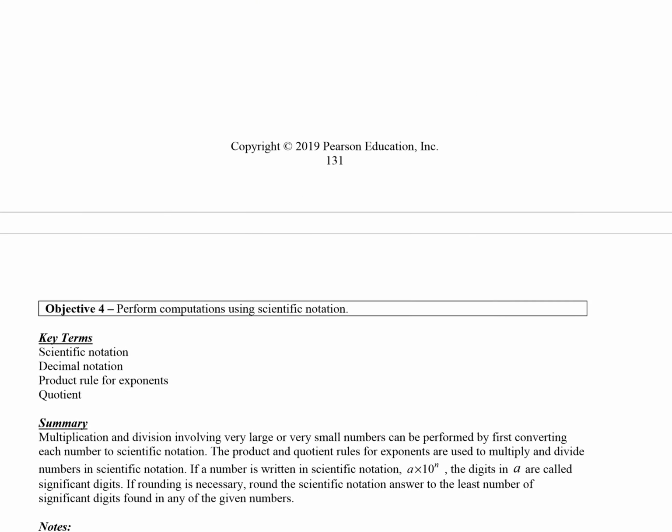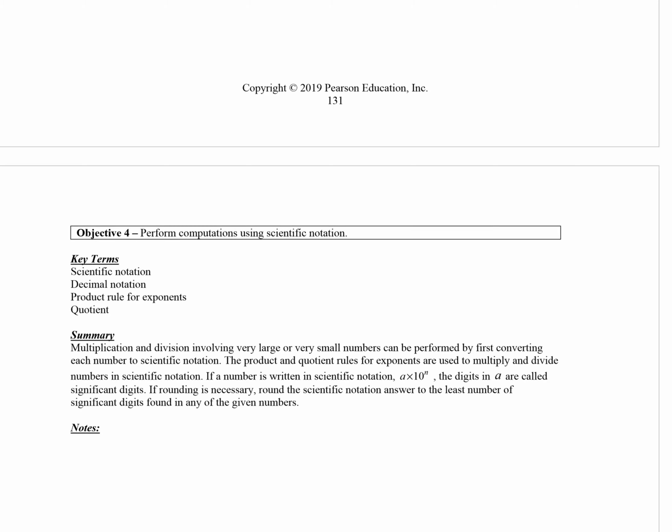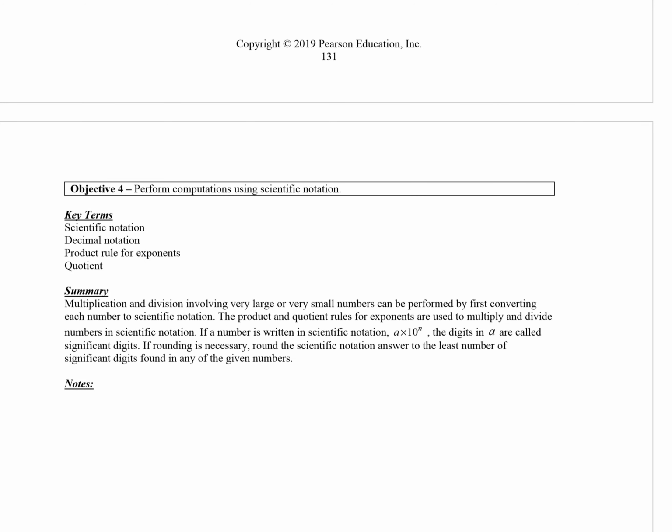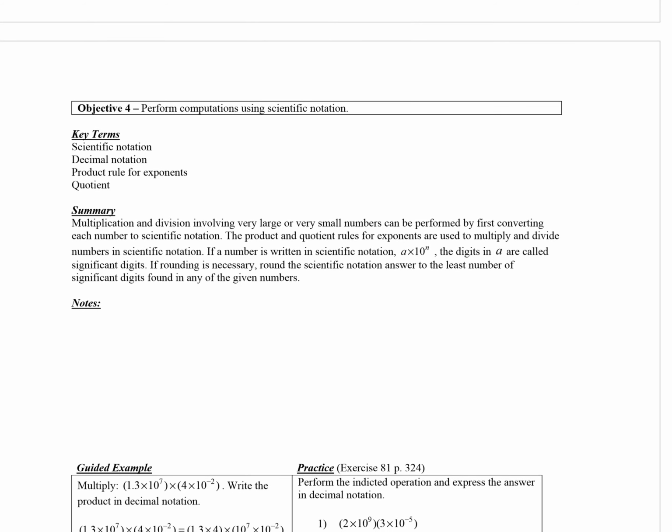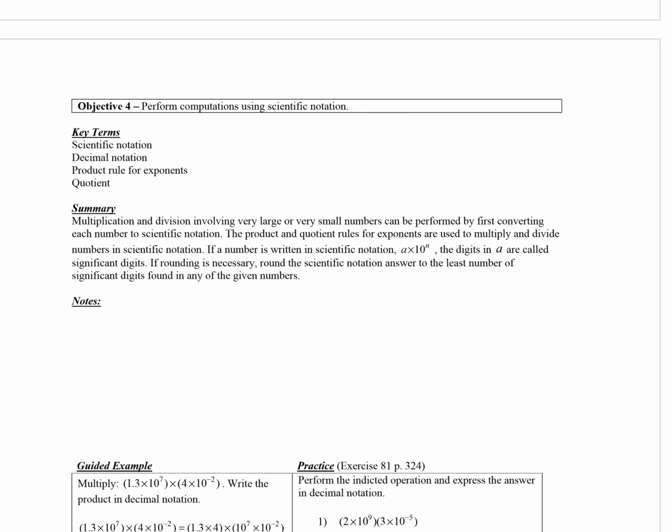Alrighty. Another objective. This is important, especially if you're going to take chemistry or anything like that, because you're going to work with a bunch of scientific notations. So you're going to be able to multiply or even divide two numbers in scientific notation format without actually having to convert the scientific notation to decimal form.